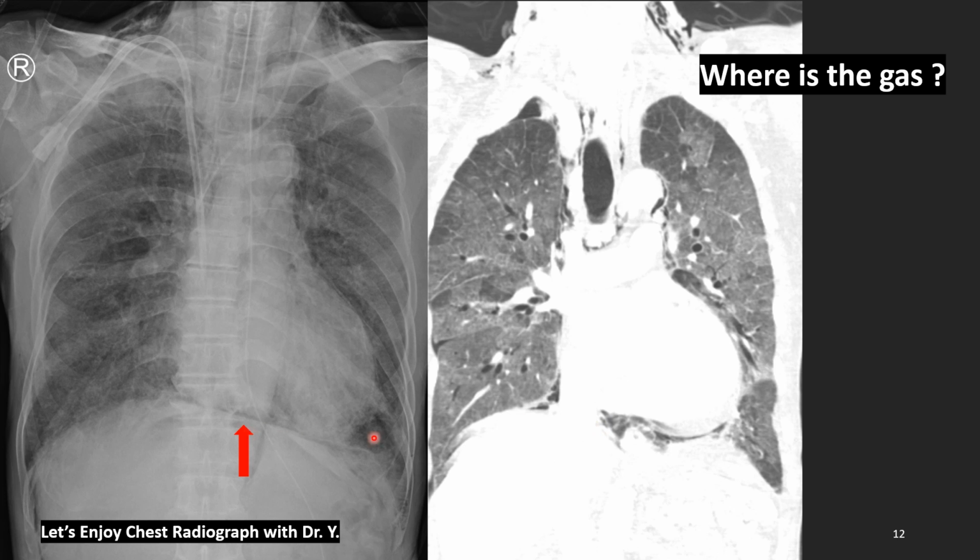This red arrow shows the continuous diaphragm sign. This means pneumomediastinum, absolutely. And both lungs are ARDS, diffuse bilateral white.